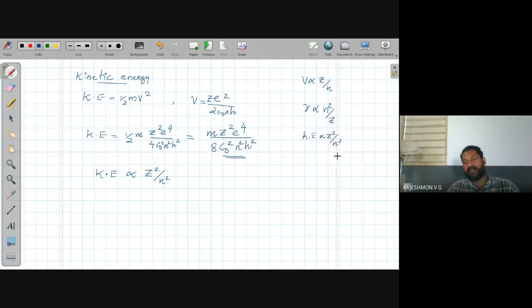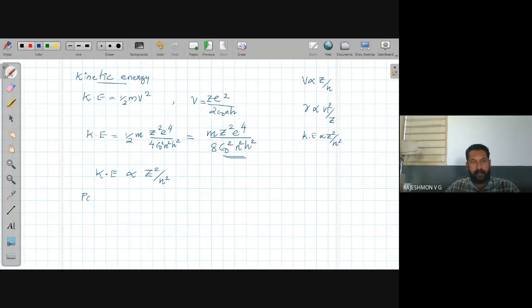So these dependencies are very important. Okay, and you can also calculate the starting value. That is, by putting Z equal to 1, n equal to 1, you can find the constant value. In the case of velocity, it was c by 137 or alpha c. Alpha is called fine structure constant. In the case of radius, that constant is called Bohr radius. Its value is 0.529 angstrom. Okay, for kinetic energy, it is not usually calculated, but for total energy, we will calculate that constant value.